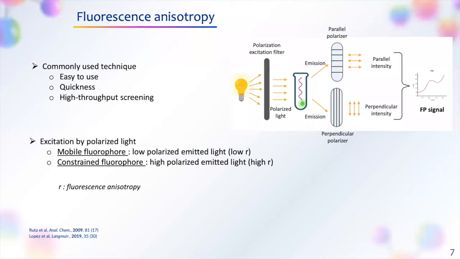Depending on the fluorescence lifetime and the local rotation of the fluorophore, the emitted light will be different. So a fluorophore having a lot of motional freedom will emit a low polarized light, and the measured fluorescence anisotropy will be weak. On the contrary, a more constrained fluorophore will emit a strongly polarized light, and the fluorescence anisotropy will be high.